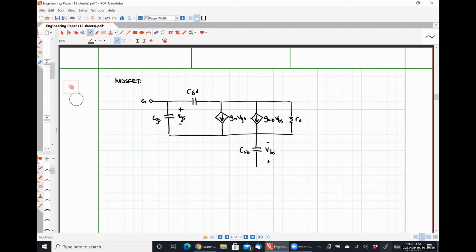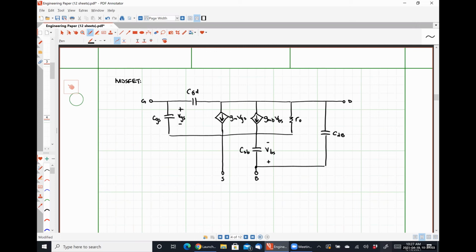I apologize for that. We are going to have a capacitance between the drain and the body. So here's our drain terminal. Here is CDB. These guys get tied together. Here's my body terminal. Here is my source terminal. So this ugly looking thing is our high frequency MOSFET transistor model.